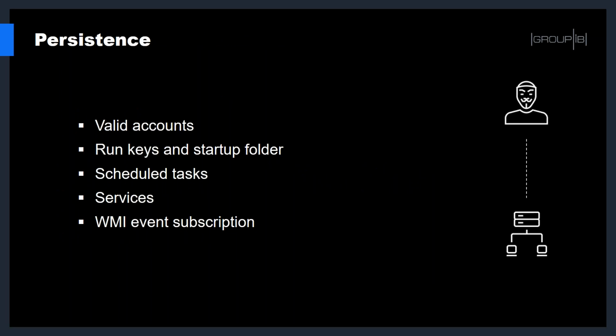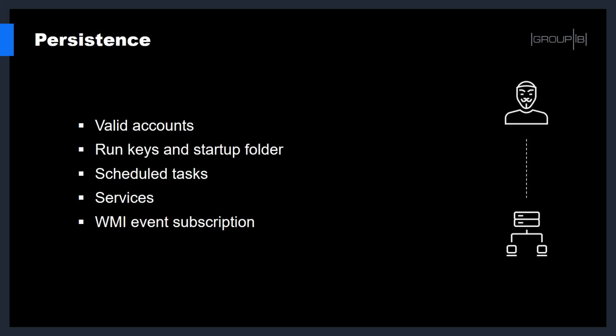Again, as quite common Trojans and post-exploitation frameworks were used, we've seen quite common persistence mechanisms. Of course, valid accounts, because as already been said, valid accounts may be obtained during initial access, and these accounts may have enough privileges to move laterally and do everything in the domain.